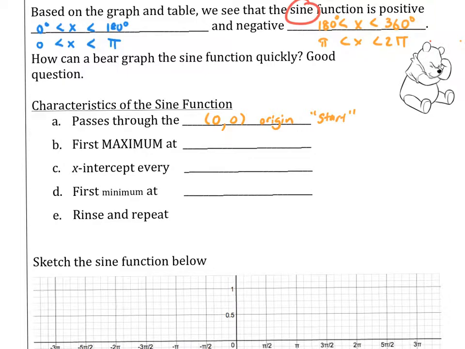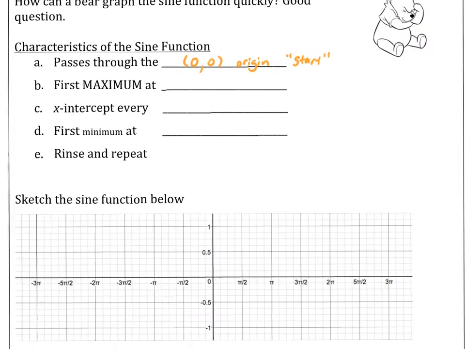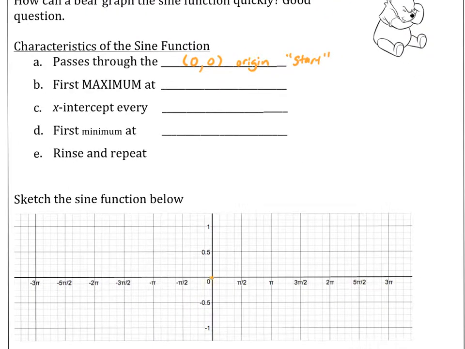Next, its first maximum. When do we get to the maximum? So if we're down here, we can put a point there at 0, 0. The first max is at 90 degrees, also known as pi over 2. So at pi over 2, it gets all the way up to 1.